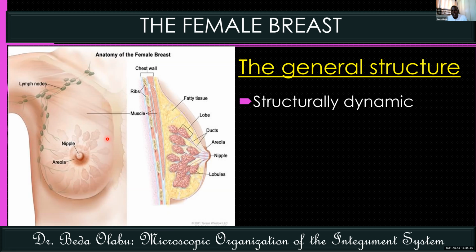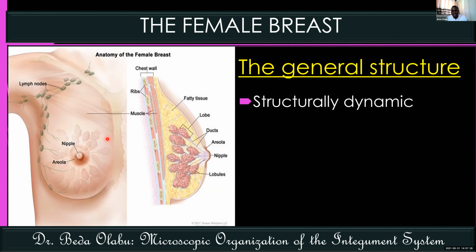The breast of a lady who is 15 years old will be different from the structure of the breast of a woman who is 35 years old, and definitely different from that of one who is 65 years old. It also depends on whether this breast has ever lactated or not. Maybe this woman is 35 years, but she's never breastfed. But this other woman is 35 years and she's breastfed. And I'm talking about breastfeeding the baby, not the other person.